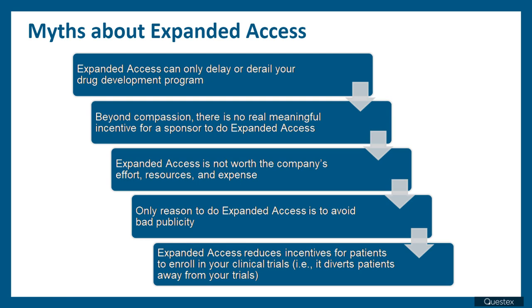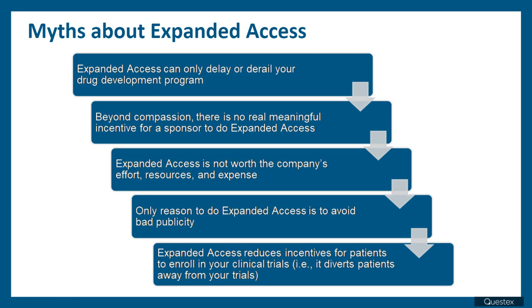I'm not going to read through all of these out loud, but they basically fall into, I would say, perhaps three big buckets. One bucket of an excuse that there's no real incentive to do expanded access other than to avoid bad publicity.